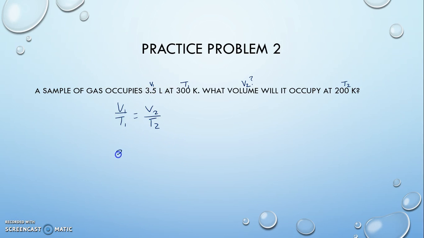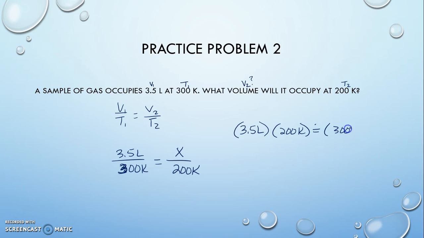We plug this in: 3.5 liters over 300 Kelvin is equal to X, or V2, or whatever letter you want to use, over 200 Kelvin, right? How do we solve a proportion? Well, we cross multiply and then we divide, right? So 3.5 liters times 200 Kelvin is equal to 300 Kelvin times X. I would divide both sides by 300 Kelvin.